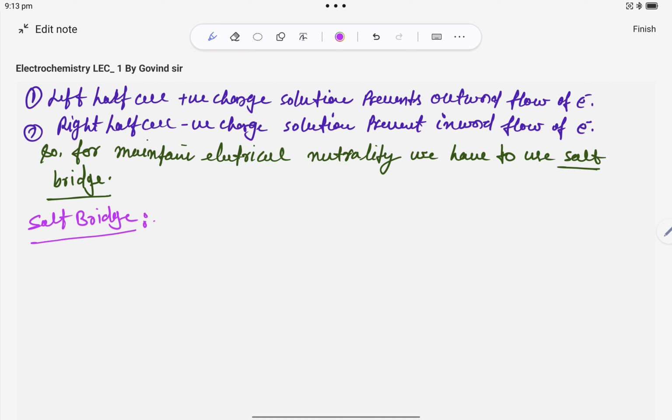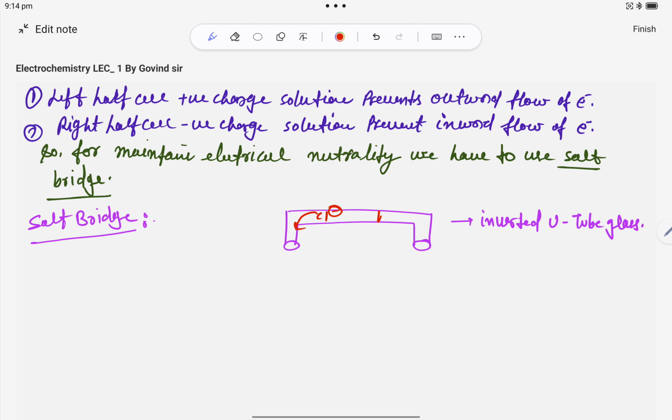Basically, a salt bridge is a U-shaped tube. Okay, an inverted U tube, made of glass. In this tube, we have to fill inert electrolyte. Cl minus came this side, K plus came this side.